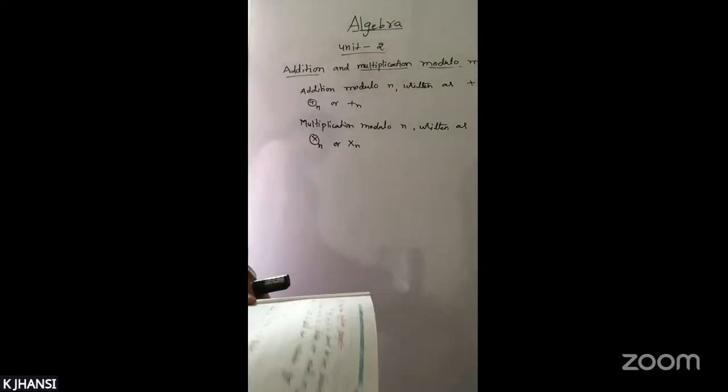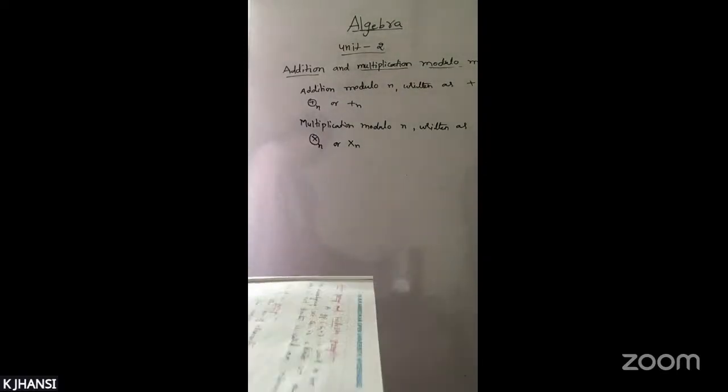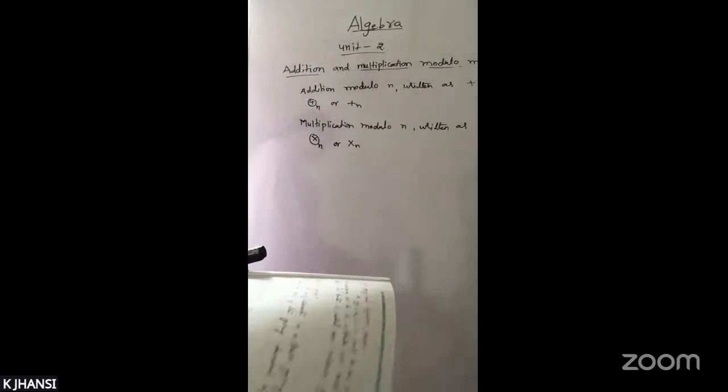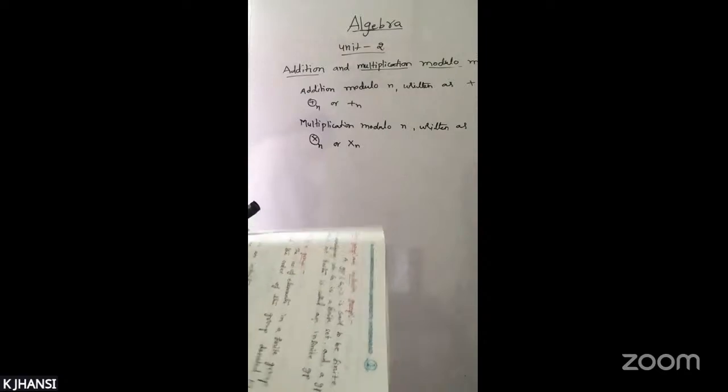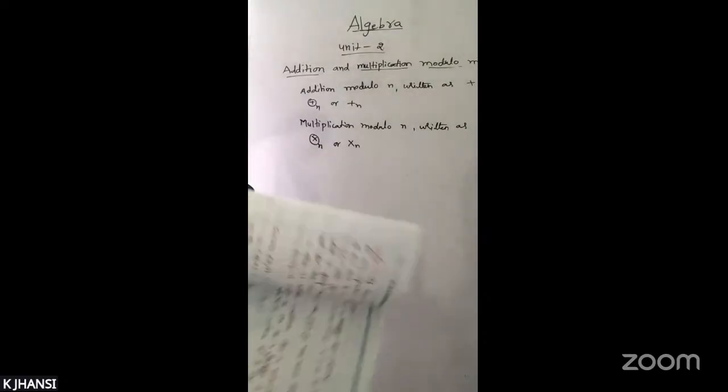So addition modulo n of a and b is defined as the least non-negative remainder obtained when a plus b is divided by n. You can see this definition in your textbook.